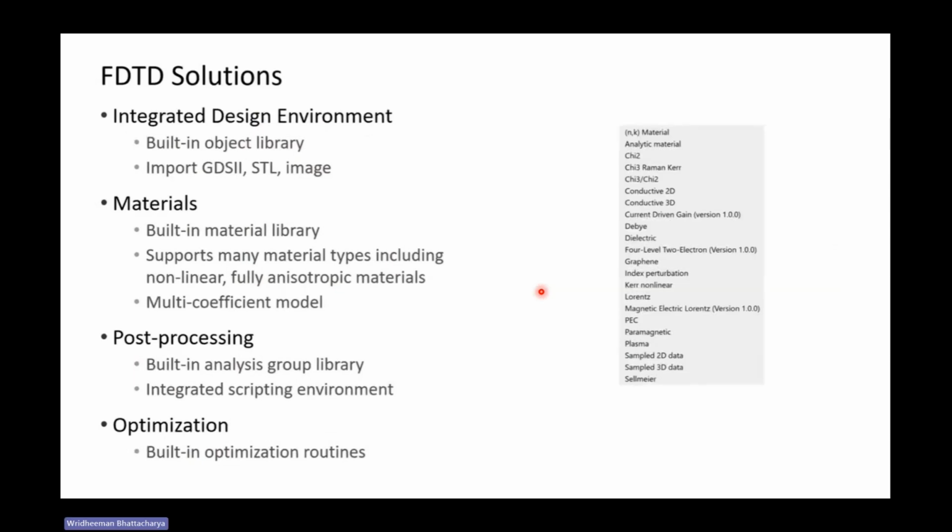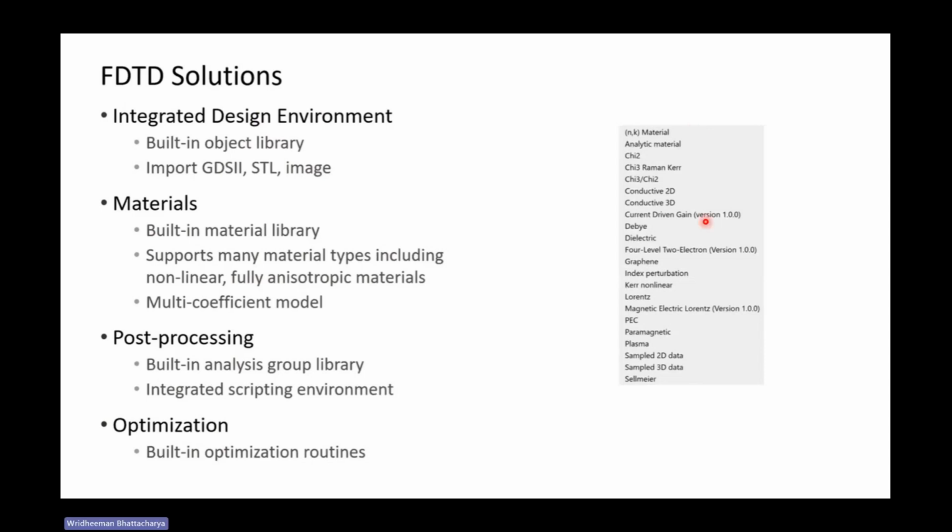The different material data types included in the numerical software are these: the NK material or the analytic material, Chi2, Chi3 Raman, Chi3 or Chi2, conductive 2D, conductive 3D, the current driven gain. Under all these categories, we could include our data as per our requirement.